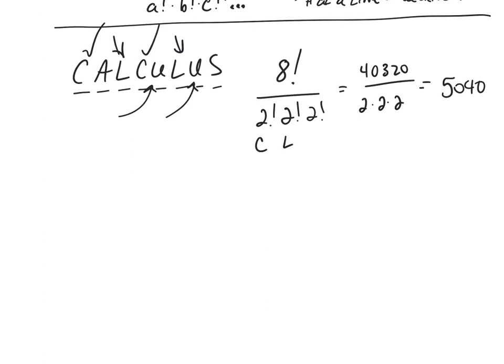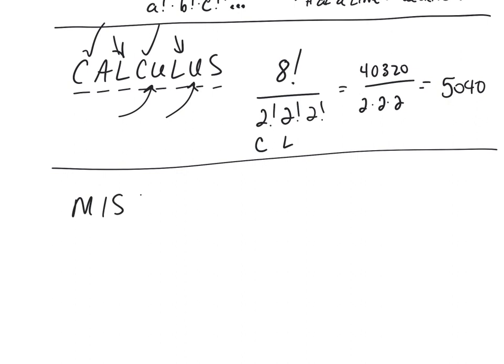Or probably an example that every high school or college student does in the US. Let's take the letters of Mississippi and calculate the total number of distinguishable permutations. Okay? What we do is we take the total number of letters, which is 11 factorial, and then we divide by the number of letters that are identical factorial.